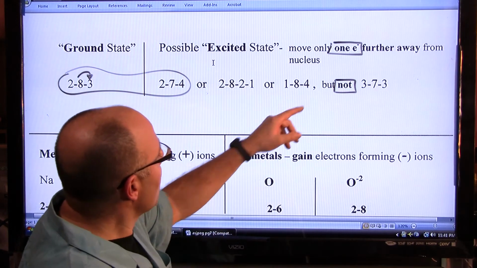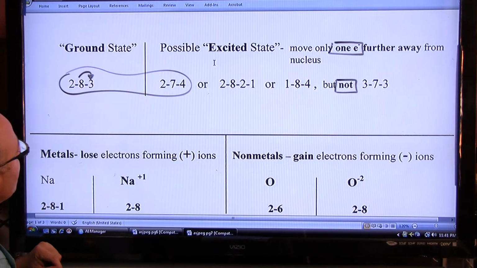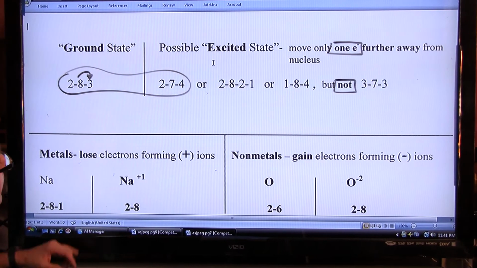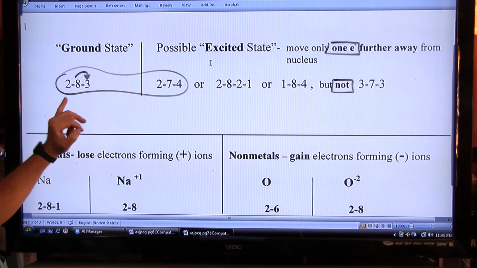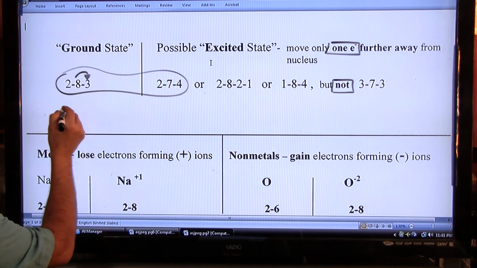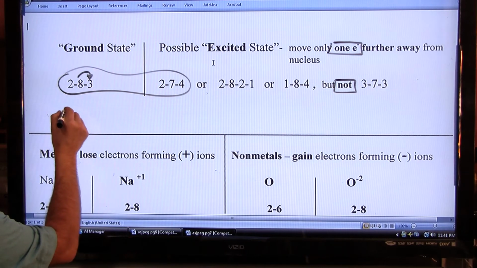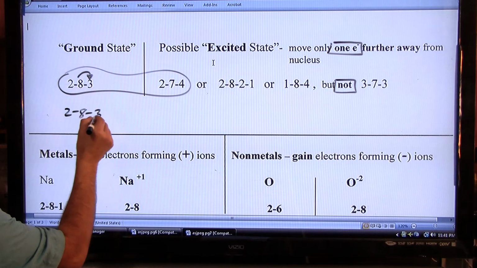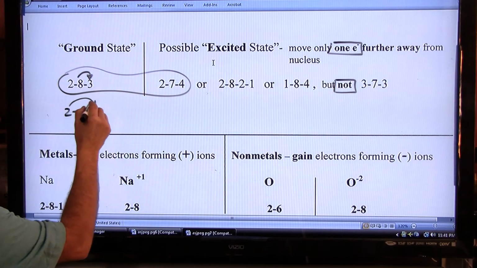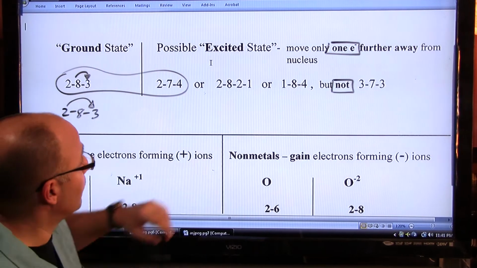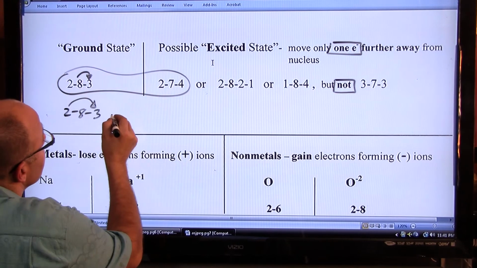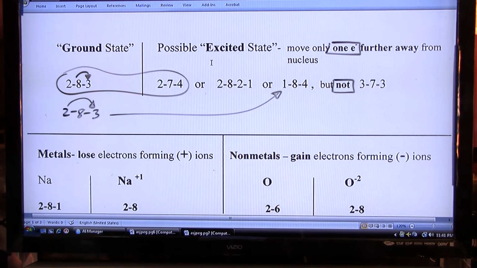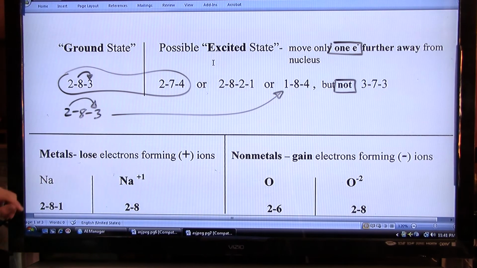This one, 184, what happened in this case was an electron jumped from the first orbit and skipped the second orbit. So let's draw that here. And you ended up forming 184 as a possible excited state. Okay, so that's real easy.